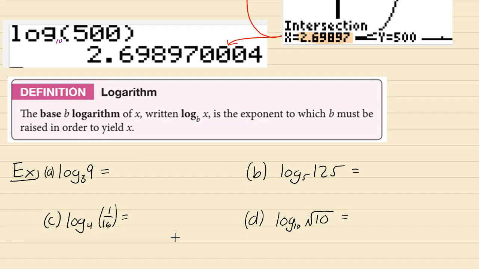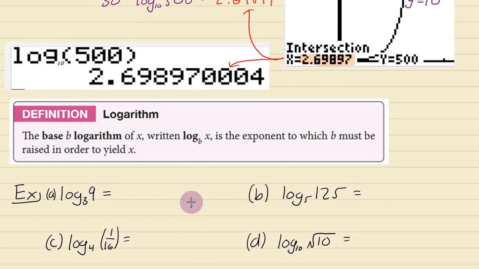Here's a general definition of this concept. Take a moment to pause it and write this down, of course, but when you're ready, here's my explanation for it. We say the base b logarithm of x, written log base b of x, is the exponent to which b must be raised in order to yield x.